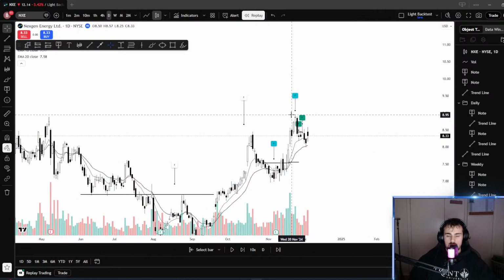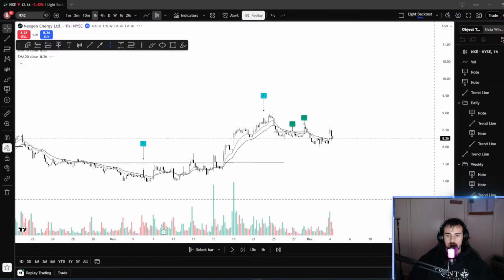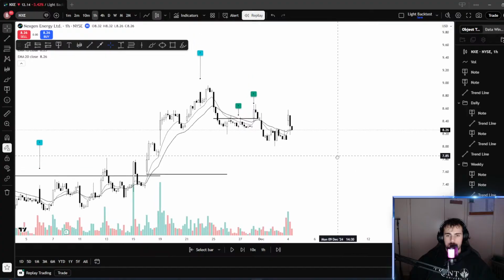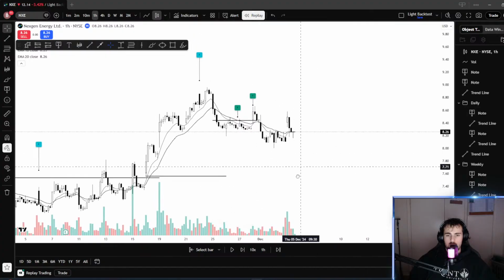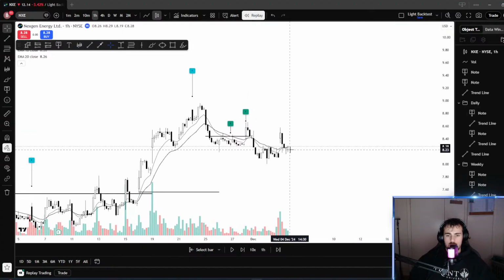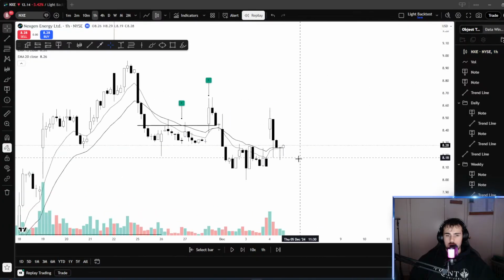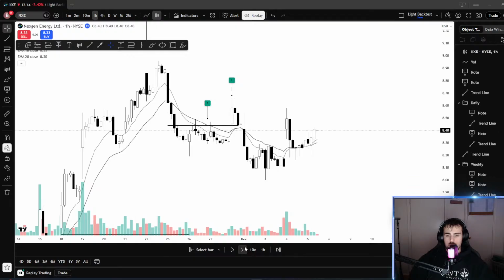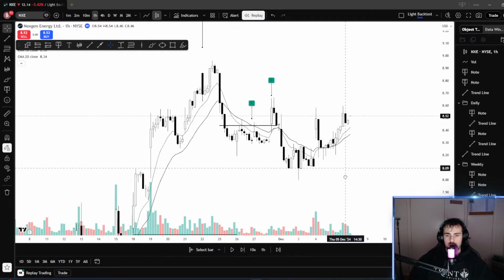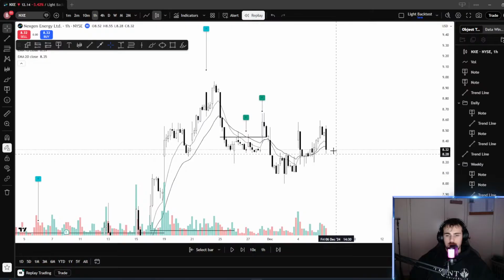Still building this kind of higher low. Kind of wicky. Yeah, I still wouldn't trade this just because of how the MAs look. They're completely horizontal. So it looks a little weaker, but it delivers right there. And you get a big down candle here.